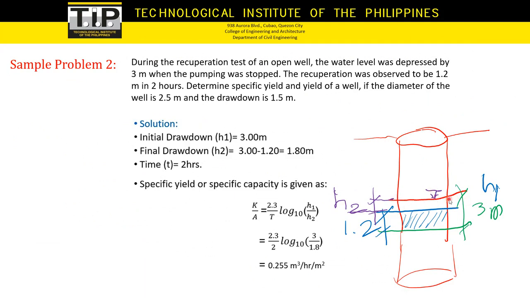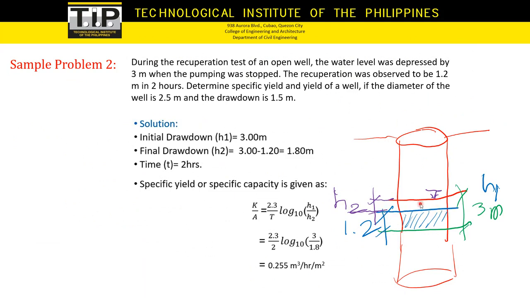After the pumping was stopped, the water level went down, becoming 3 meters. This is what it became after the pumping, the green one. The recuperation was observed to be 1.2 meters in 2 hours. So, after 2 hours, the water level went back up. This is it, it became 1.2 meters.